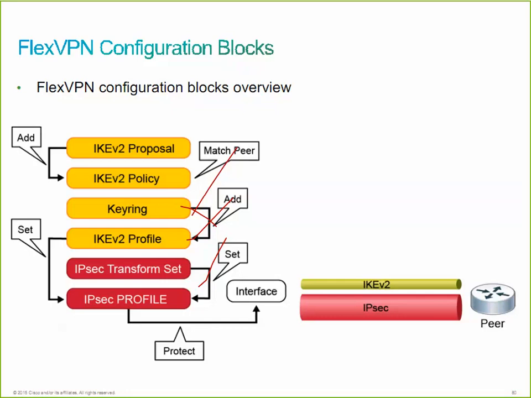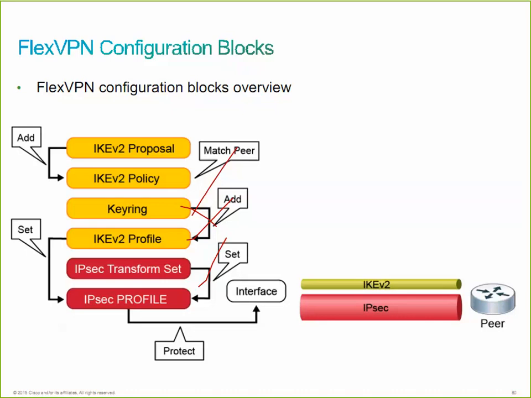It basically includes a whole bunch of default settings for all of these different configuration blocks, except the key ring, which is uniquely configured, and the IKE v2 profile, which is uniquely configured. All right? We can customize those smart defaults, by the way, if I decide that I want to apply those smart defaults but not necessarily have default values. So I have the ability to customize that in the future.